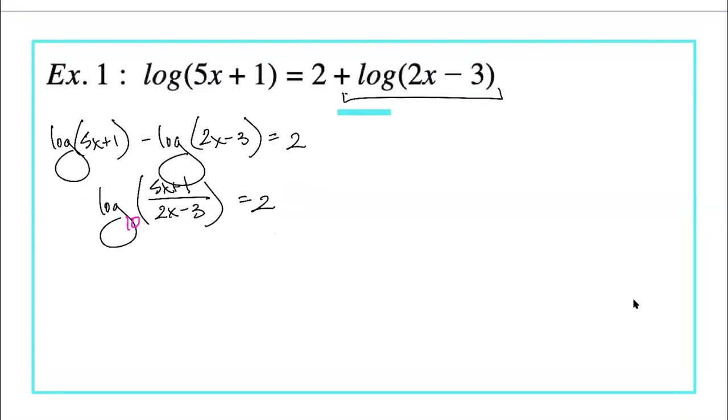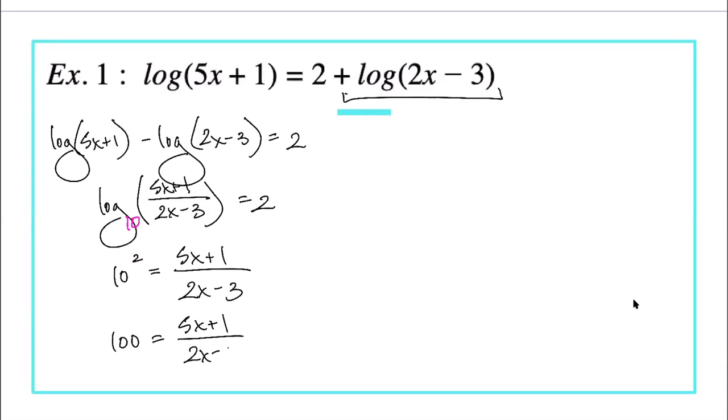Set 10 to the second power. Good job. Base to the power of the number on the other side equals the thing that we are logging. Okay. Or we could say that 100 equals (5x plus 1) over (2x minus 3). All right.